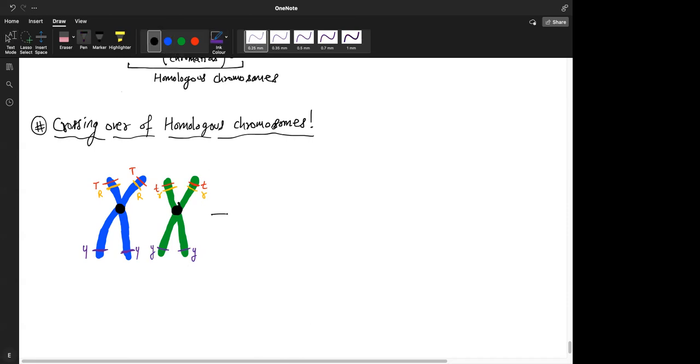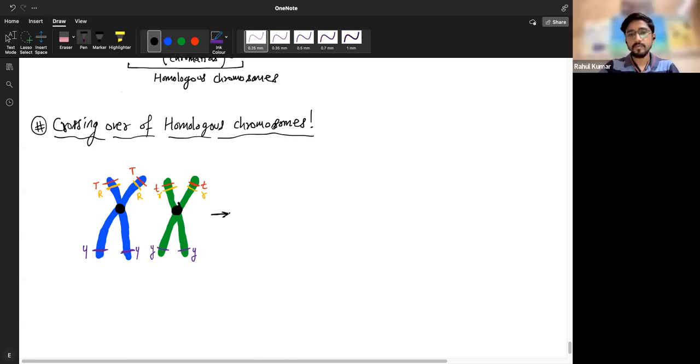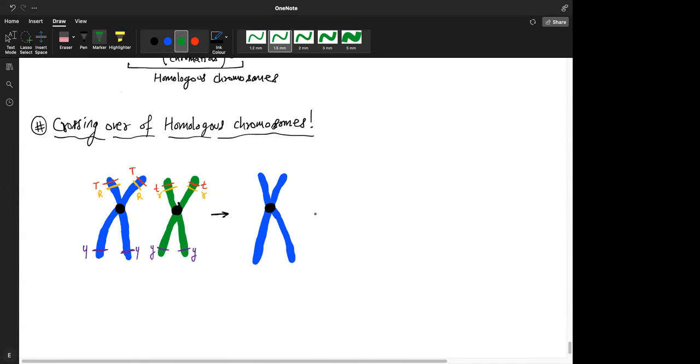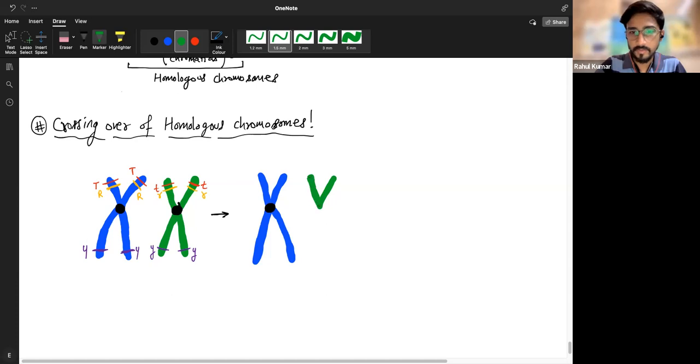Now, what happens in the first step of crossing over? One arm of one chromosome physically crosses over with one arm of another chromosome.